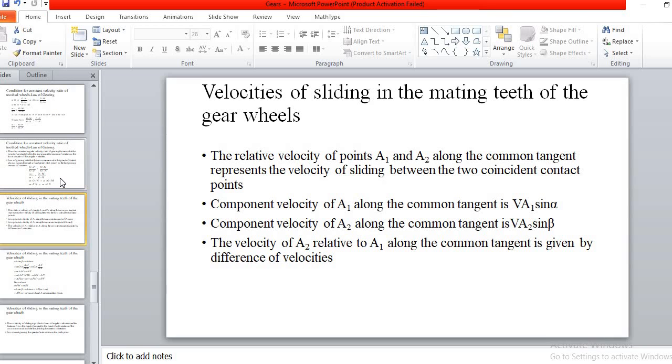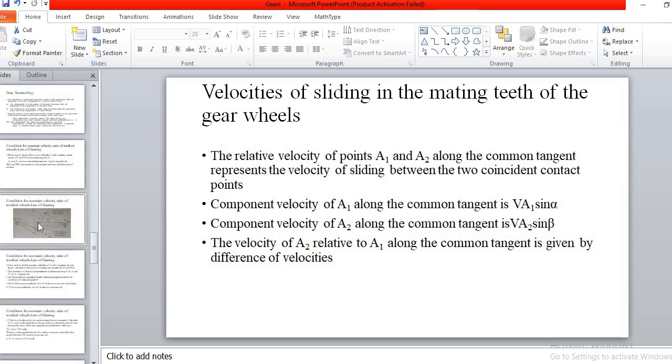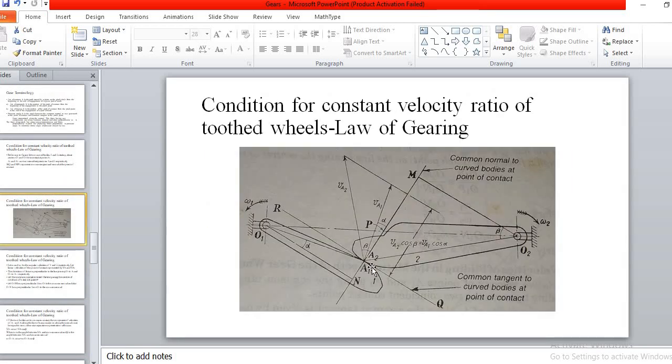Now we discuss the velocity of sliding in the mating teeth of the gear wheel. Here the point of contact is considered as A1, A2 for two curved bodies, first and second.